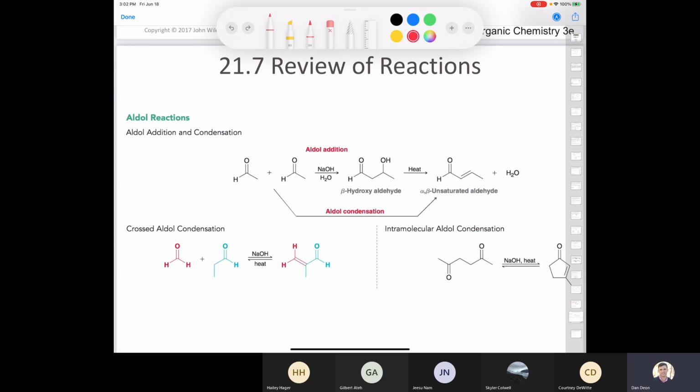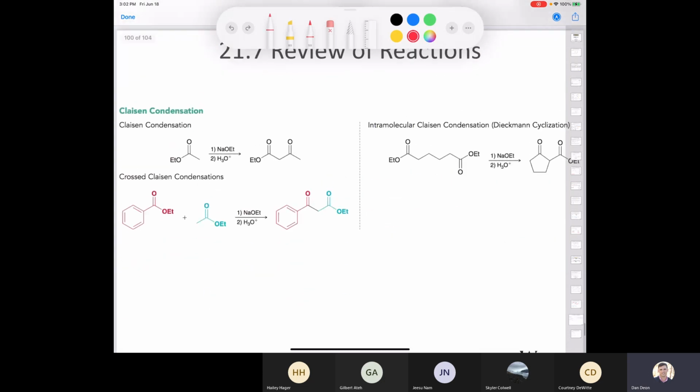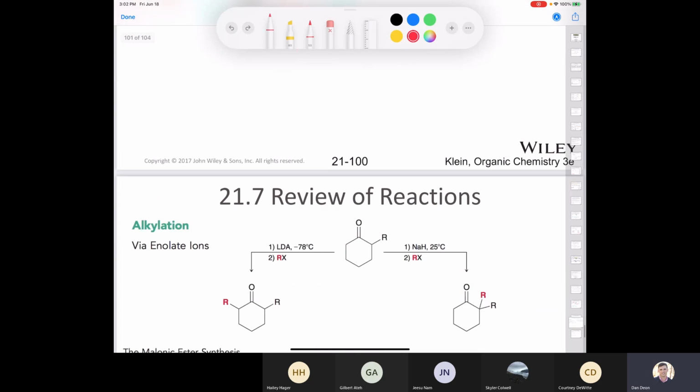Then we talked about crossed aldol condensation, and we talked about some strategies there. So yeah, we talked about directed aldol reactions. We talked about an intramolecular aldol condensation. What else? We talked about Claisen reactions, crossed Claisen reactions, Dieckmann cyclization, which is just an intramolecular Claisen reaction.